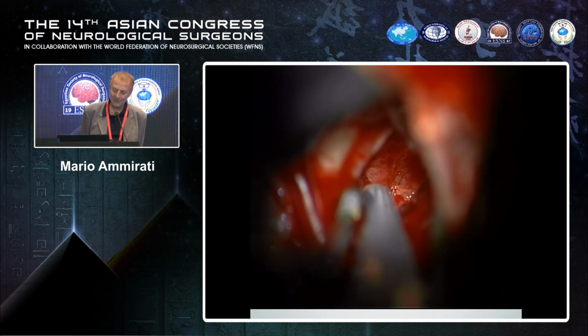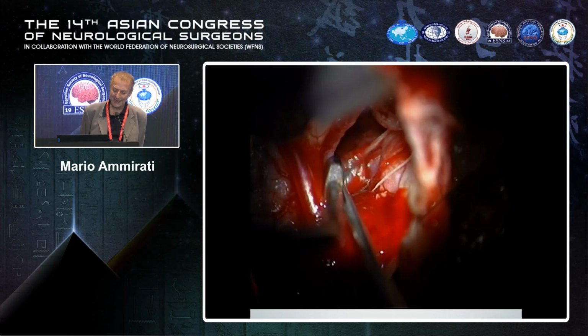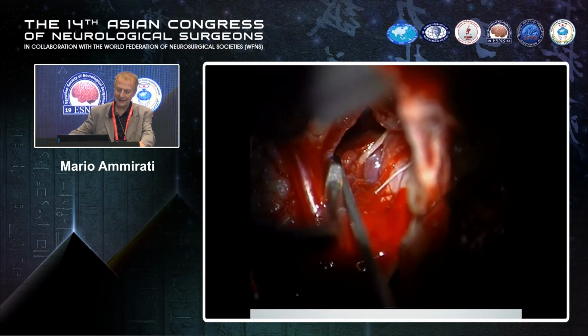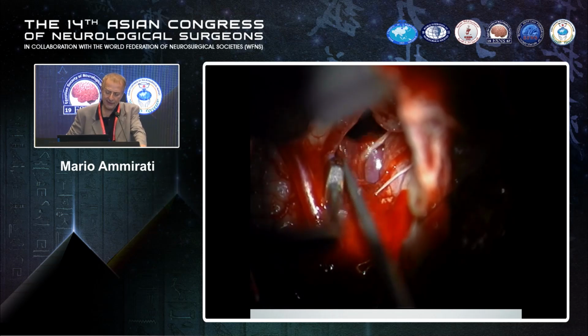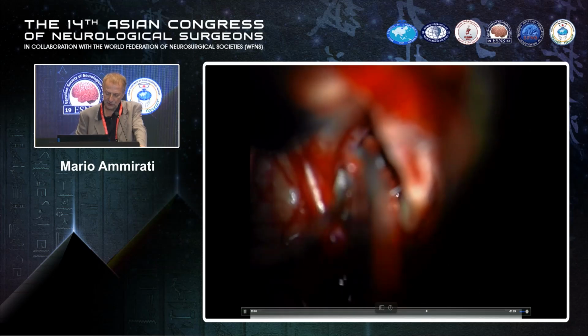Although it may seem easier, it is fraught with a lot of potential complications. So instead, you must be patient and work little by little, removing the tumor.